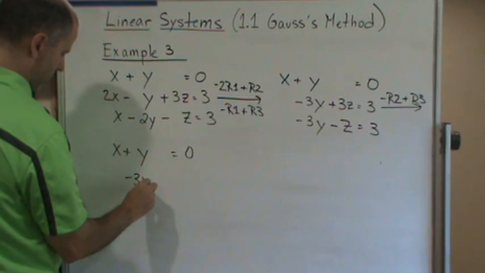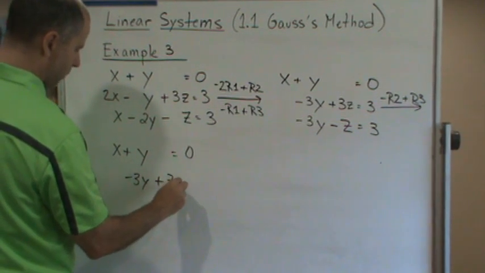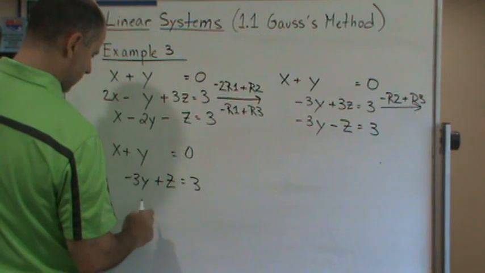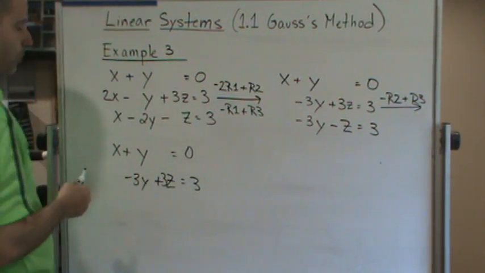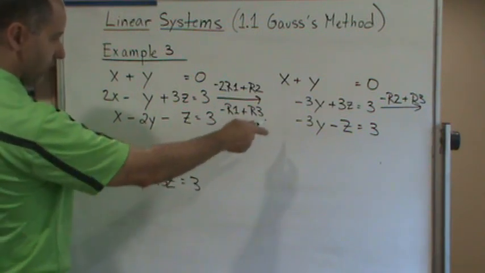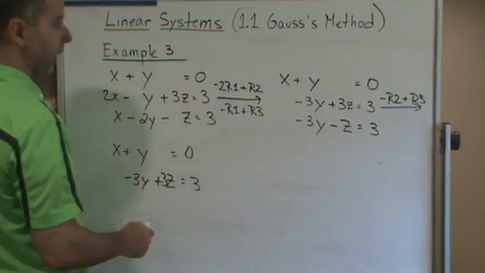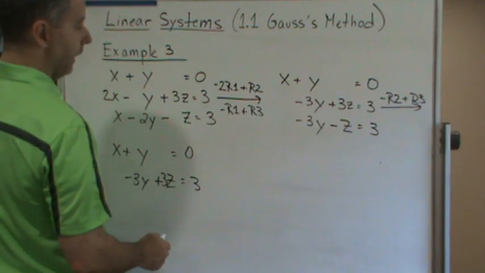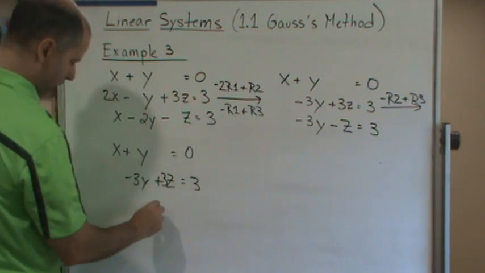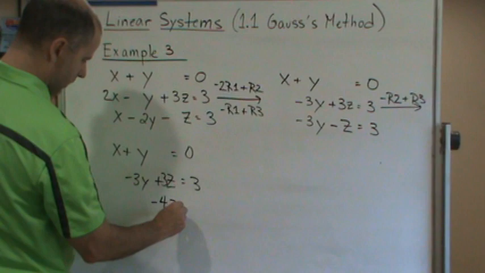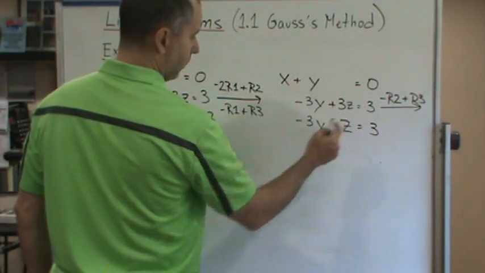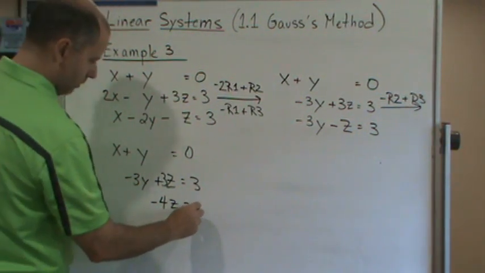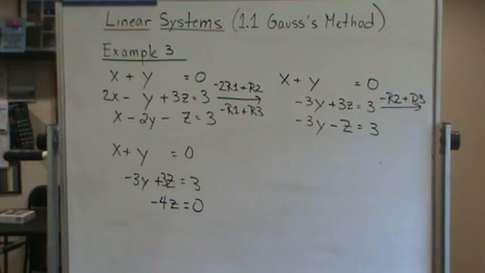So minus 3y plus z, oops, 3z equals 3. And of course, the negative 3 goes away. And then this becomes negative 4, so minus 4z. And then, of course, minus 3 plus 3 is 0. And that's what we end up with.